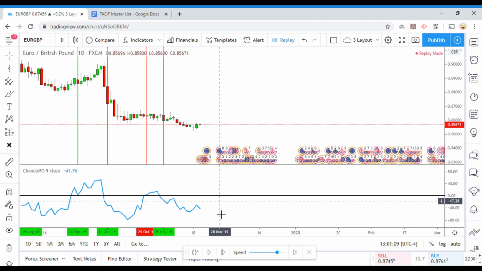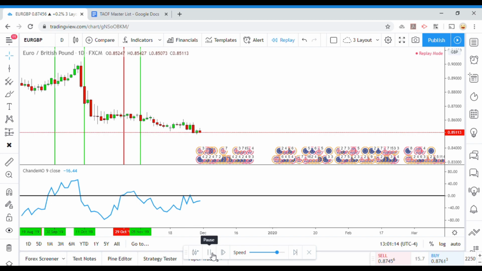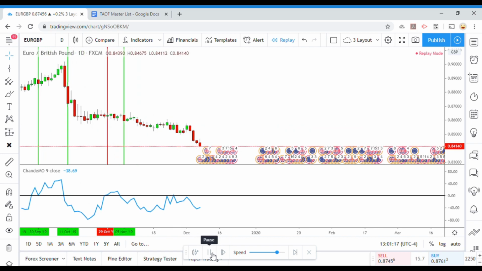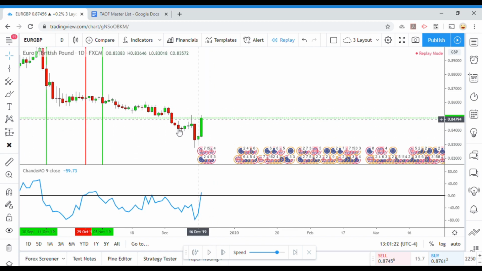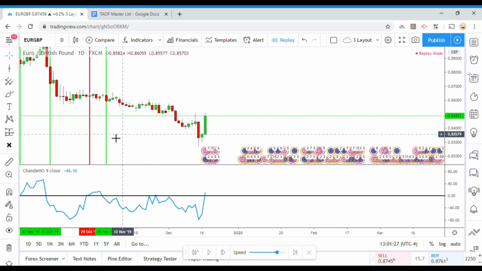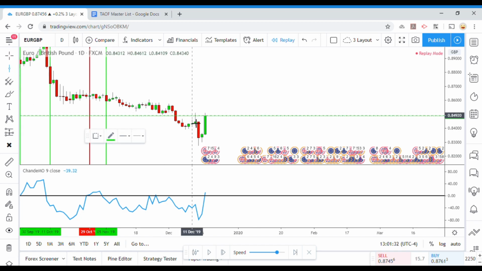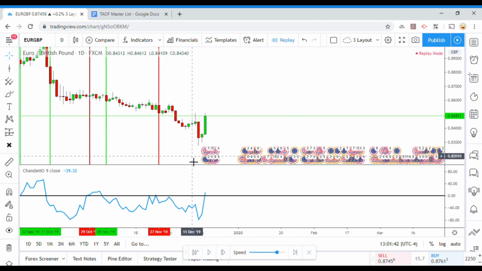One of them being the more signals it gives you can typically mean that you are going to be over trading. You're going to be taking a bunch of losses, a bunch of whipsaw.